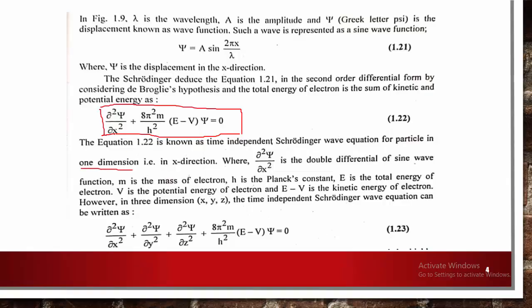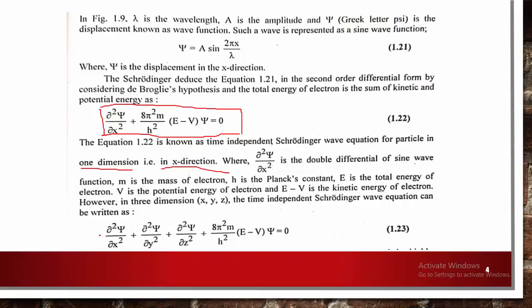Why am I taking one dimension? Because the wave function is moving in the x direction. We can also write the differential form for the y-axis and z-axis.